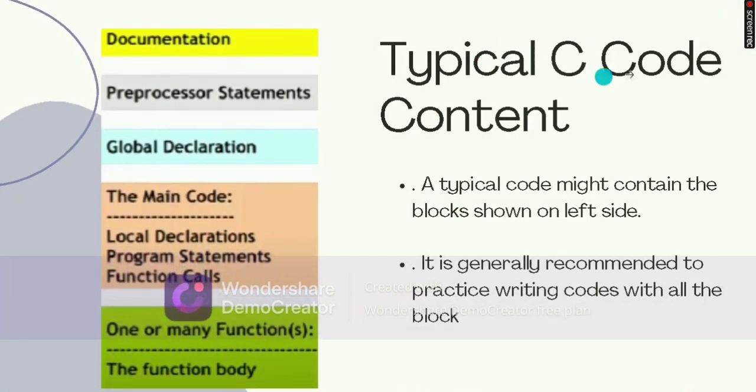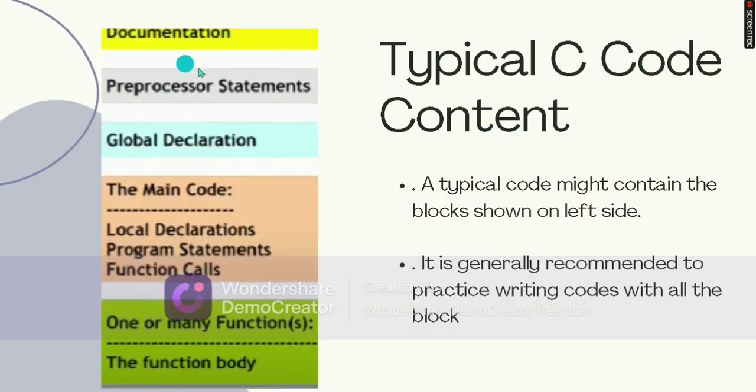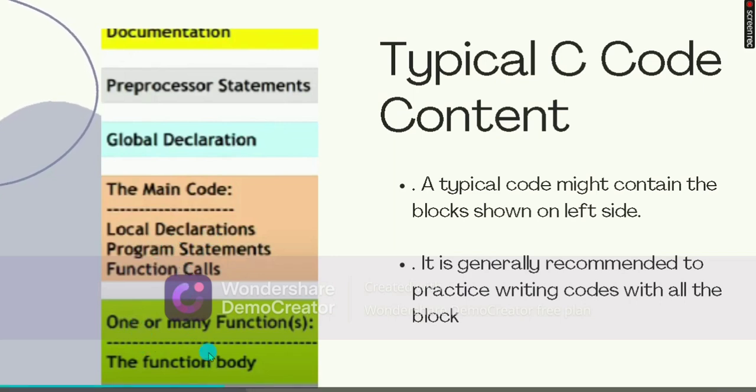So a typical code contains documentation, preprocessor statements, global declaration and the main code, where the local declarations, program statements and function calls, and last is the function body.